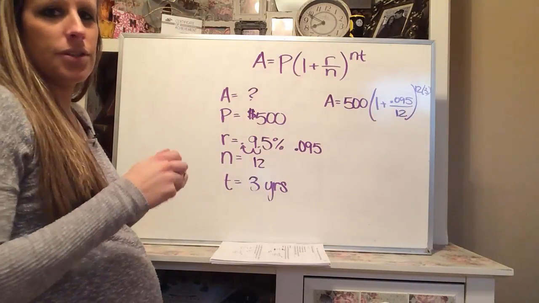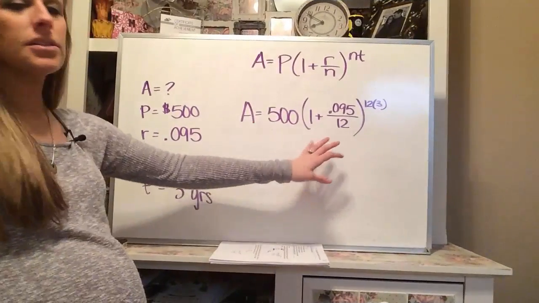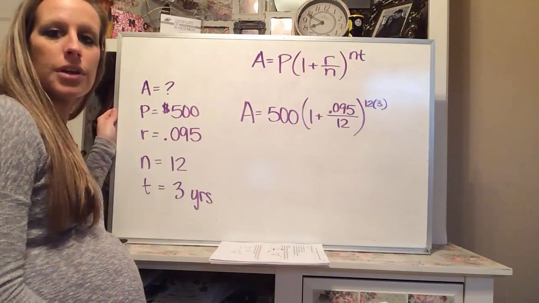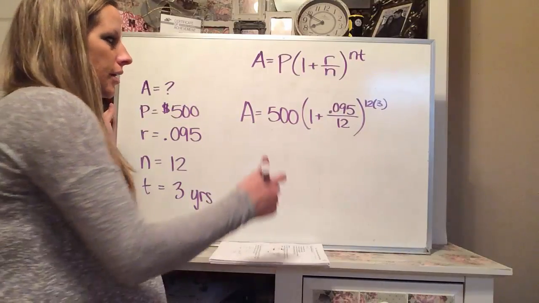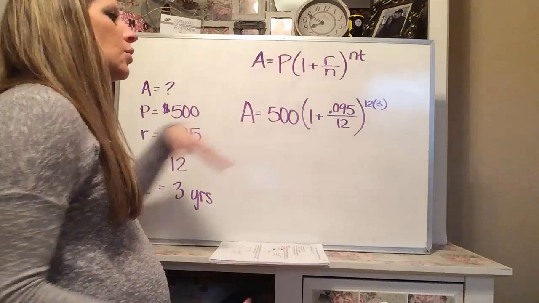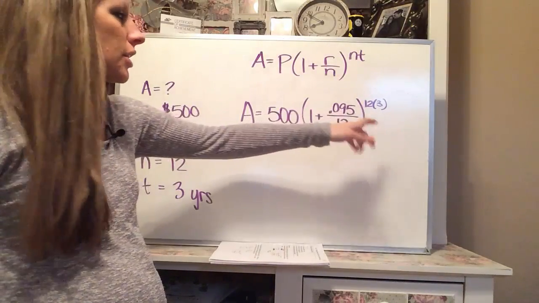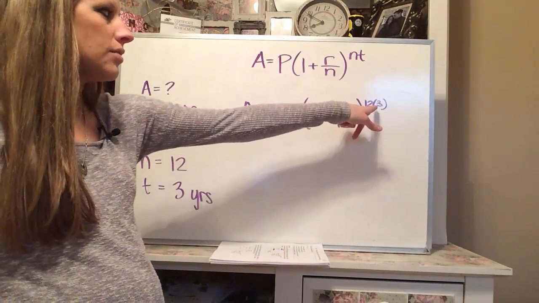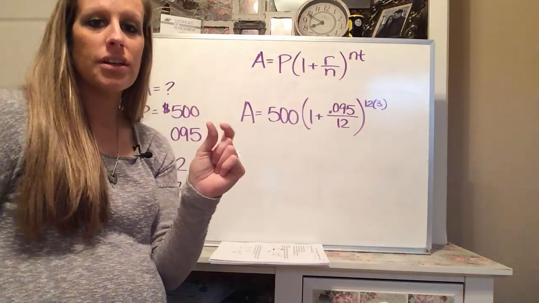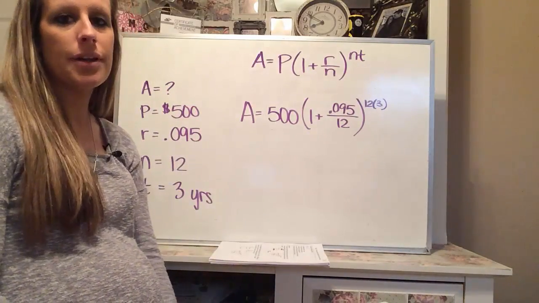Let me write it bigger so y'all can see it. There you go. Now it's a little easier to see. Okay, and so we can put this whole thing in our calculator. So you're going to put it in exactly how you have it written. Once you get to the exponent, you're going to put caret 12 times 3. Make sure the 12 and the 3 are little in your calculator, that they're in the exponent.